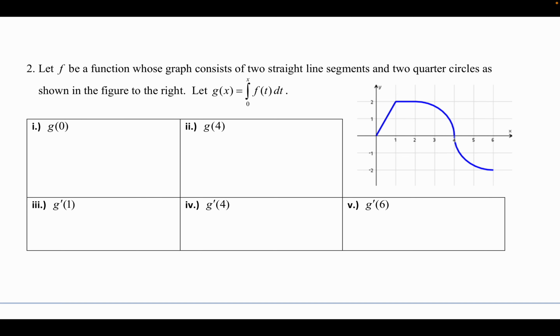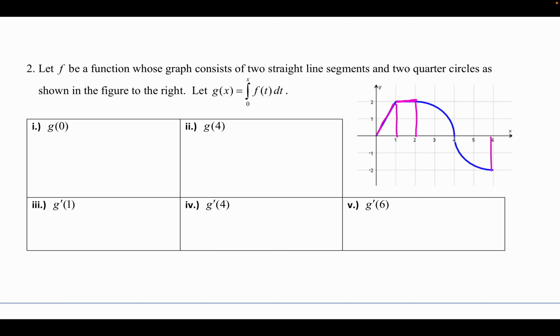So what we're going to do now is look at this function. We're going to let f be a function whose graph consists of 2 straight line segments and 2 quarter circles. So we have this line segment, and then this is actually a straight line segment. And then we have 2 quarter circles. I'm going to go ahead and find the area of each of these parts because it's going to come in handy.